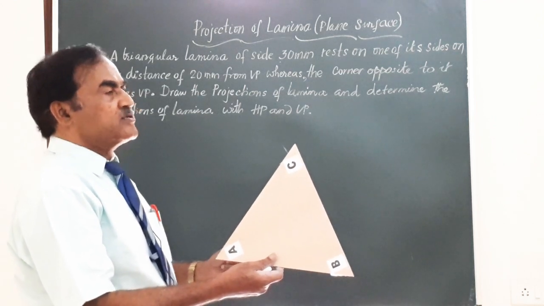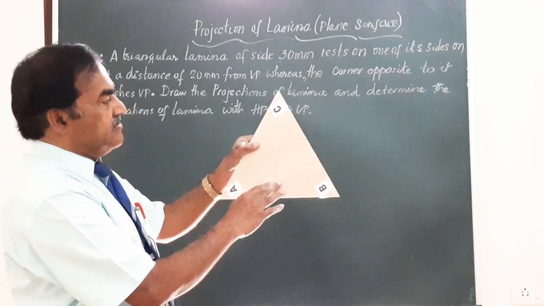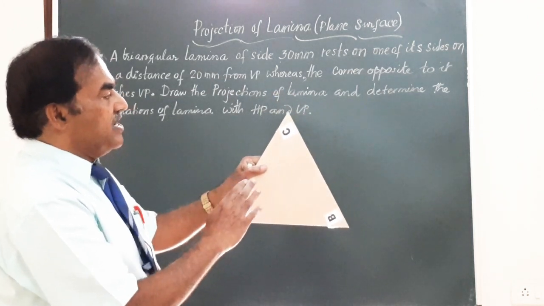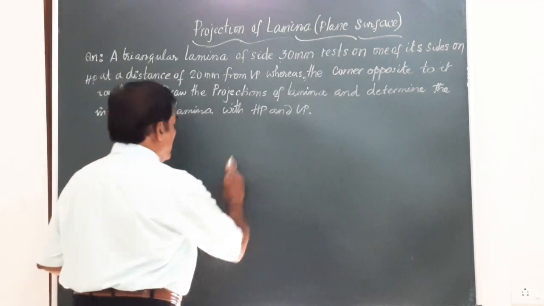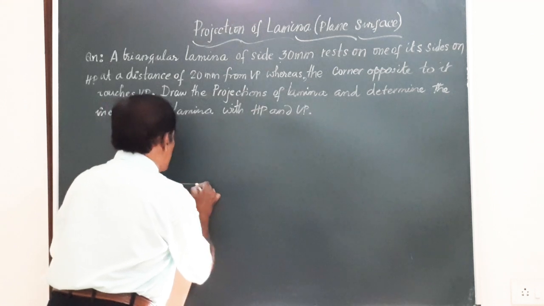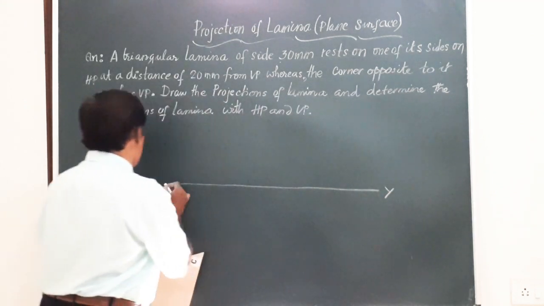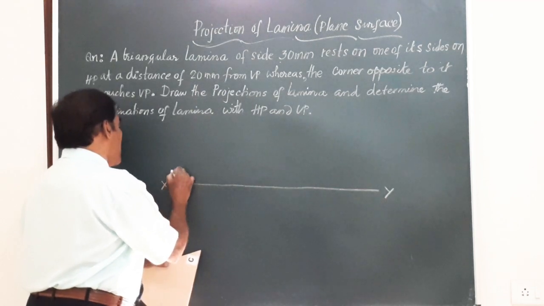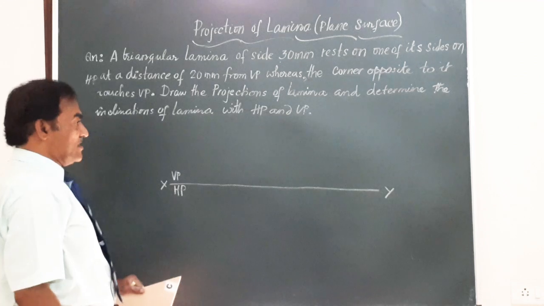So, I am going to start with the projections of this lamina when it is held parallel to the wall and at a distance. Friends, let me start this problem by drawing the XY line, the line of intersection of VP and HP. This is the XY line we have got here, and VP by HP will indicate the first angle projection.